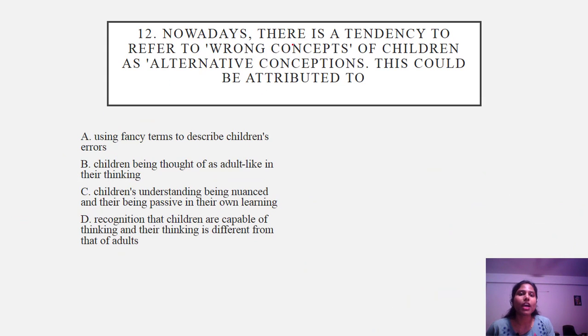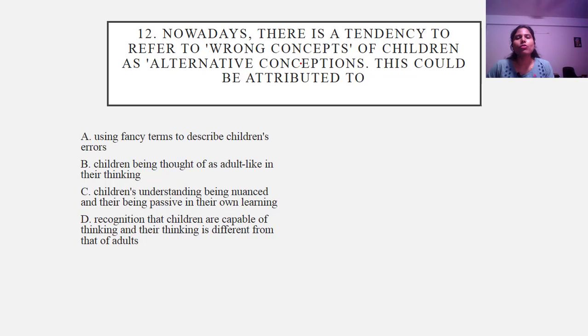The 12th question is, nowadays there is a tendency to refer to the wrong concepts of the children as alternative conceptions. This could be attributed to... Try asking any concept to a child. If the child answers the concept wrongly, you need not tell the child that the concept is wrong. This gives a negative impact on the child. This is what an alternative concept is.